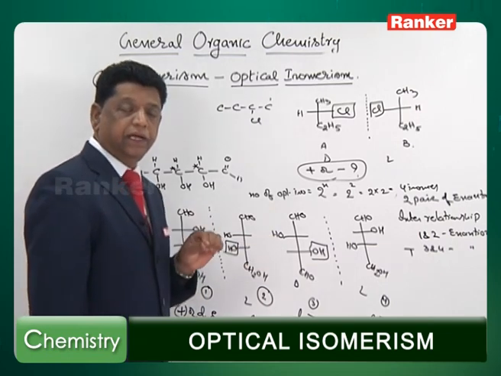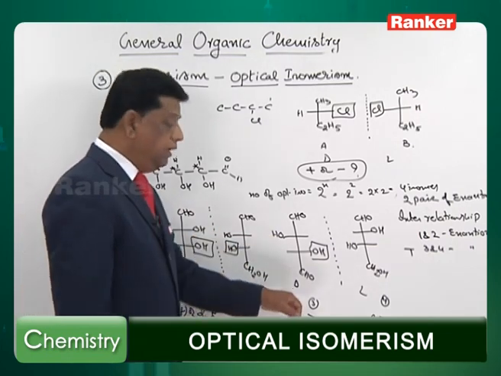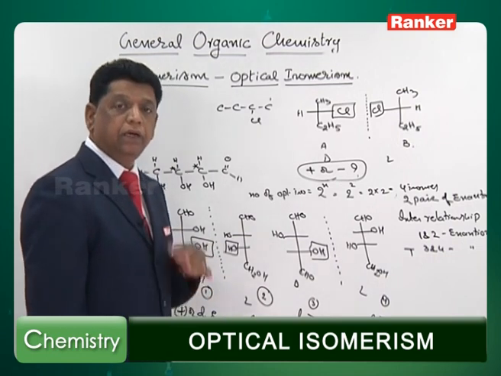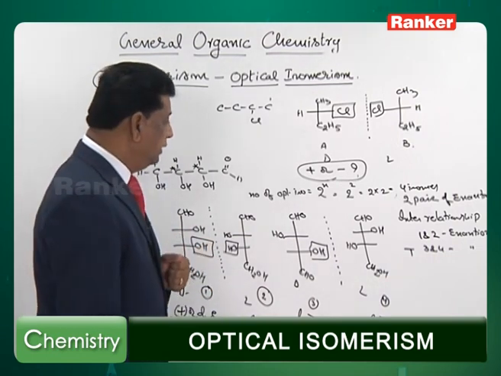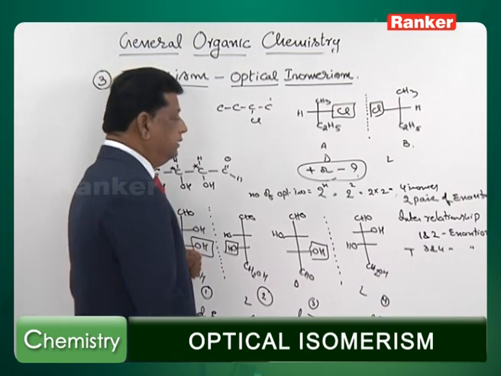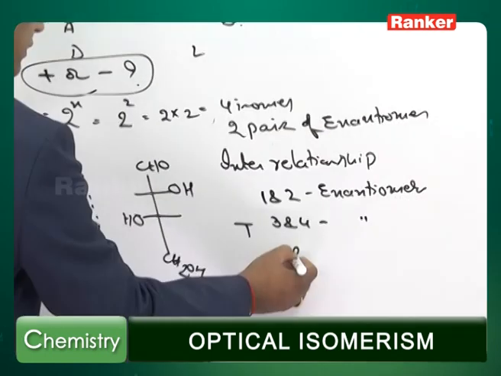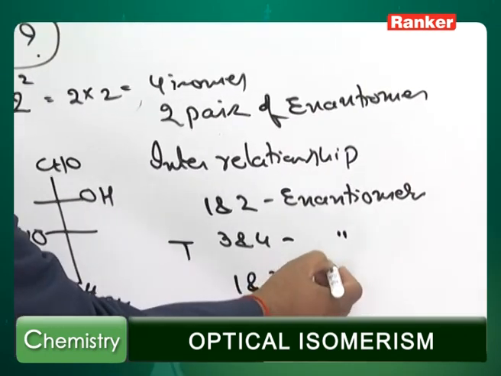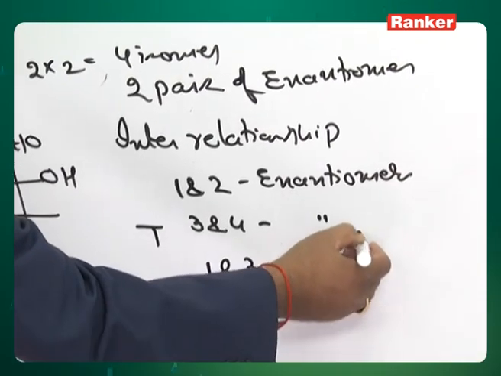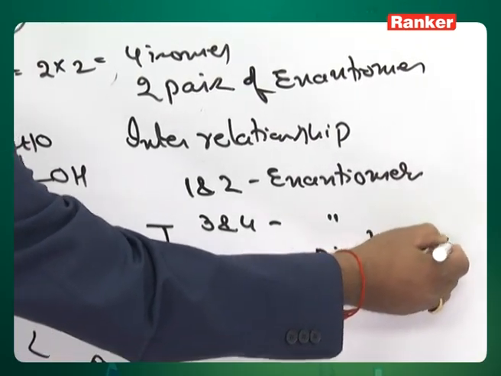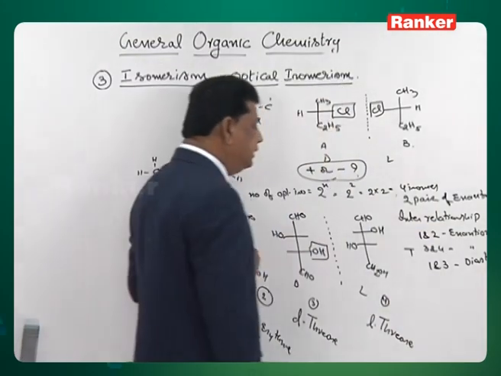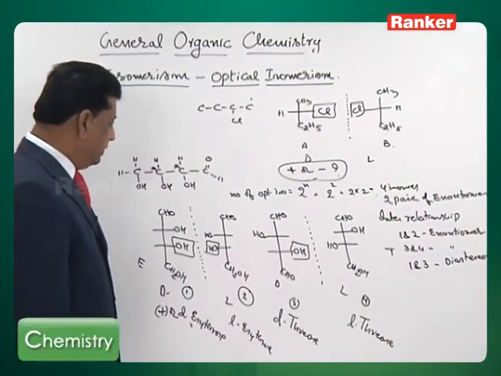Then what will we call them? We have another term: 1 versus 3 is said to be a diastereomer. Diastereomer.